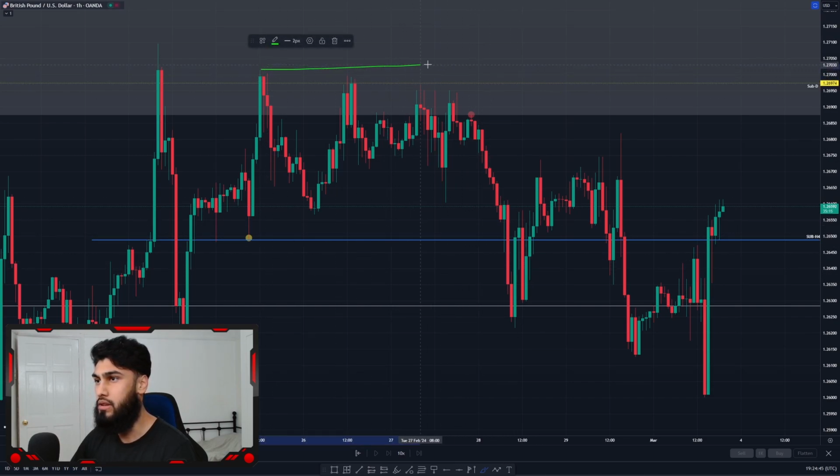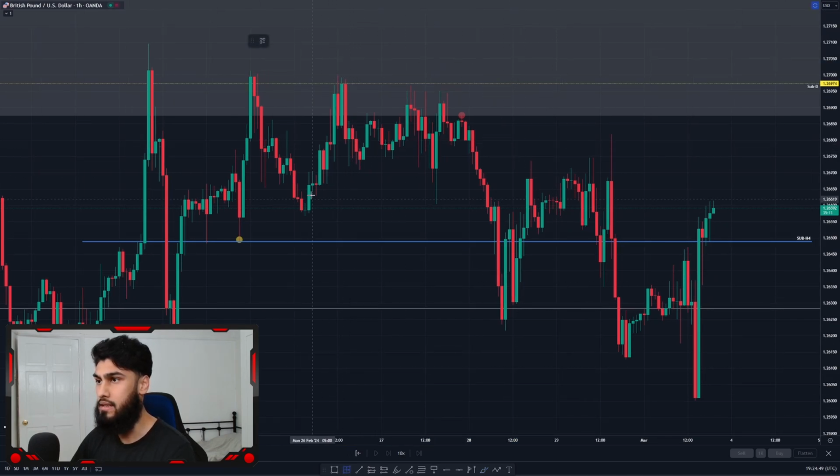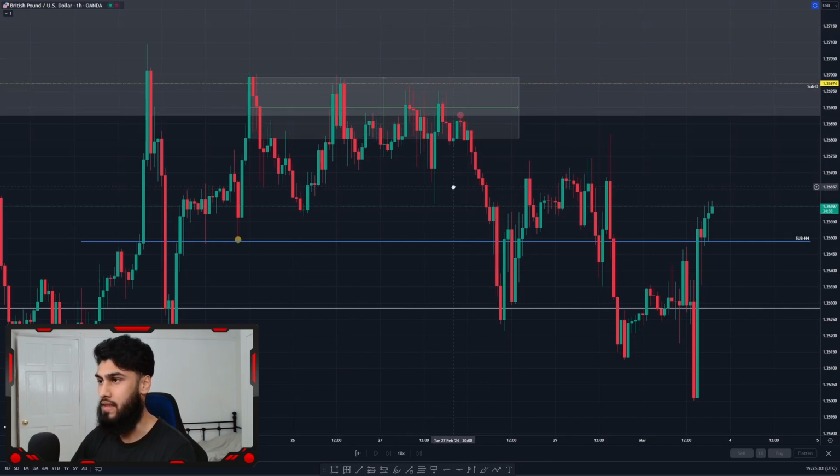At this point, this level is holding very solid, so this is where I highlighted this level. This is a huge volume area. If price is not able to break this, there's going to be a lot of accumulation before that push to the downside, and that's exactly what we got.